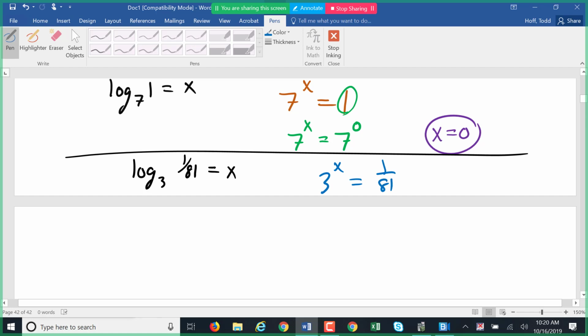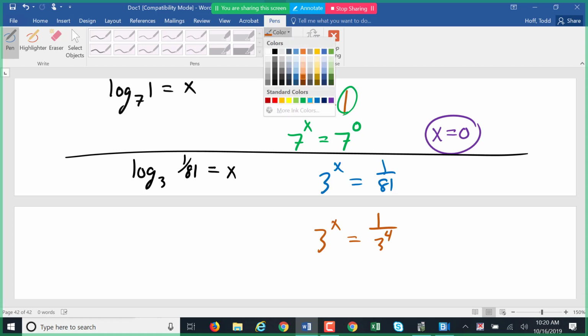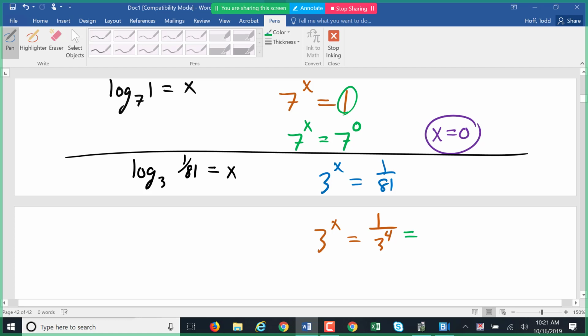Again, the x is in the power of the exponent, so we have to write the other side as an exponent with a common base, with a base of 3. 81 is 3 to the power of 4, so 1 over 81 is 1 over 3 to the 4th. 1 over 3 to the 4th is equivalent to 3 to the negative 4th. So now because we have exponentials that both have the base of 3, powers have to be equal. So x equals negative 4.